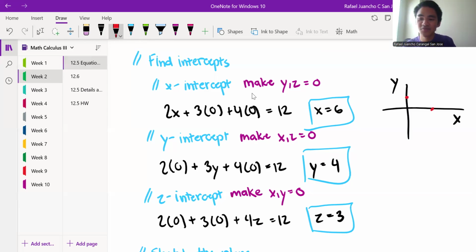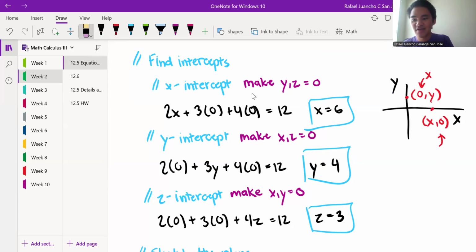This is an x-intercept because it intercepts the x-axis. So this is some x value, but 0 y value. And here, this is 0, and then this is some y. Now, how do we get y? Well, look at that. We make our x 0. How do we get x? Well, look at that. We make our y 0.